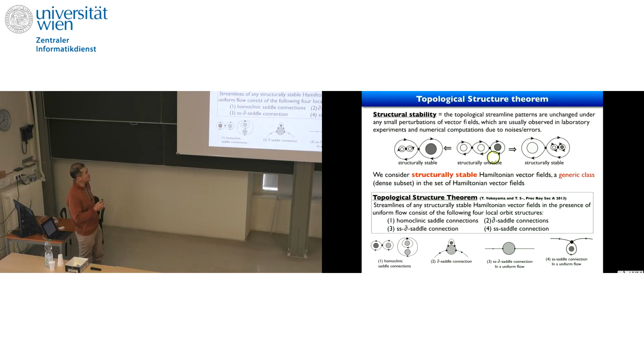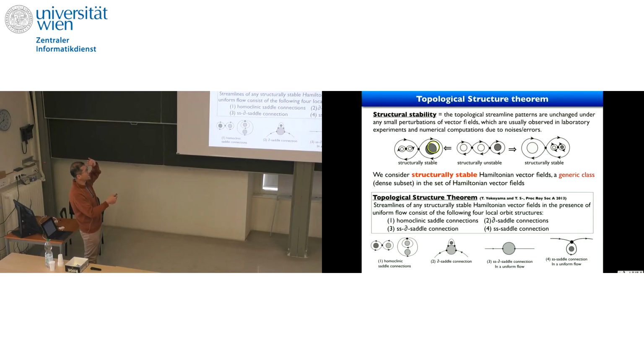So here is a schematic picture explaining the difference between the structurally unstable state and the structurally stable state. The pattern in the middle is structurally unstable because under small perturbations, this special connection cannot be maintained. It becomes either one and changes its structure and streamline pattern to this pattern or that pattern.